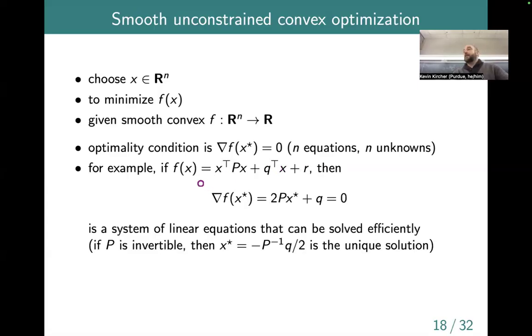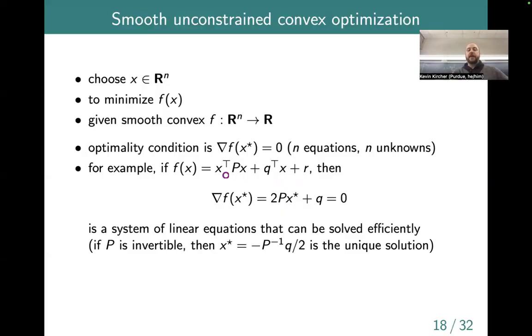We've talked about quadratic forms and quadratic functions a couple of times now, but the canonical example of a case when you actually can solve this equation exactly is with a quadratic function. So here we have our quadratic form x^T P x, and then we have a linear function of x. So this is like x squared plus ax plus b, something like that, for a scalar version.